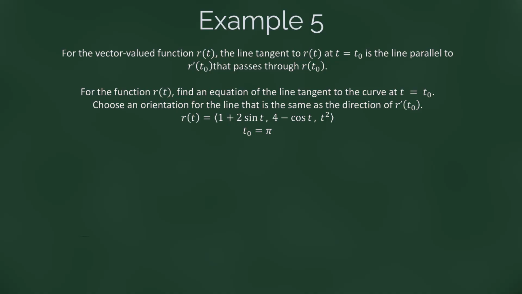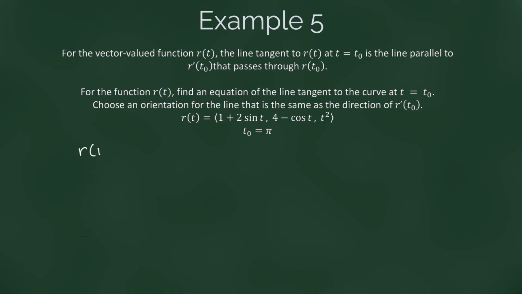So here we have a function, r of t is 1 plus 2 sine t, 4 minus cosine t, and t squared, and we want to find the equation of the line tangent to this curve at t equals pi. All right, so we're going to choose an orientation for the line that is the same as the direction of r prime of t naught.